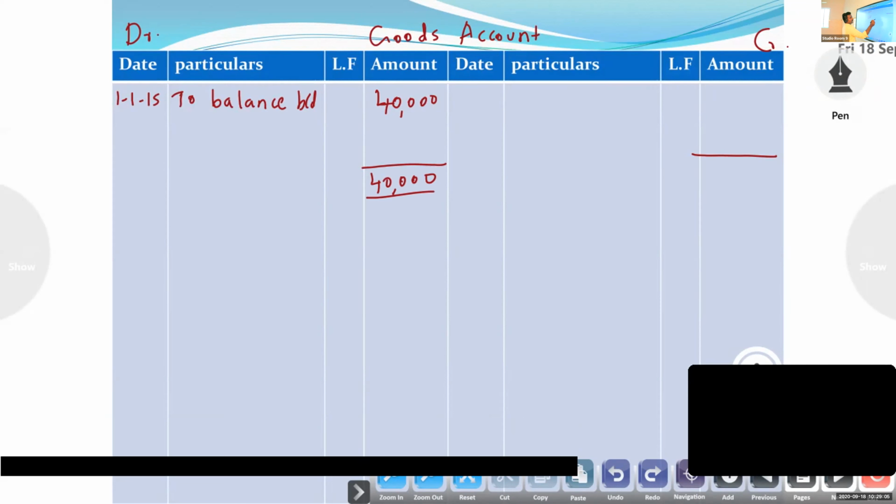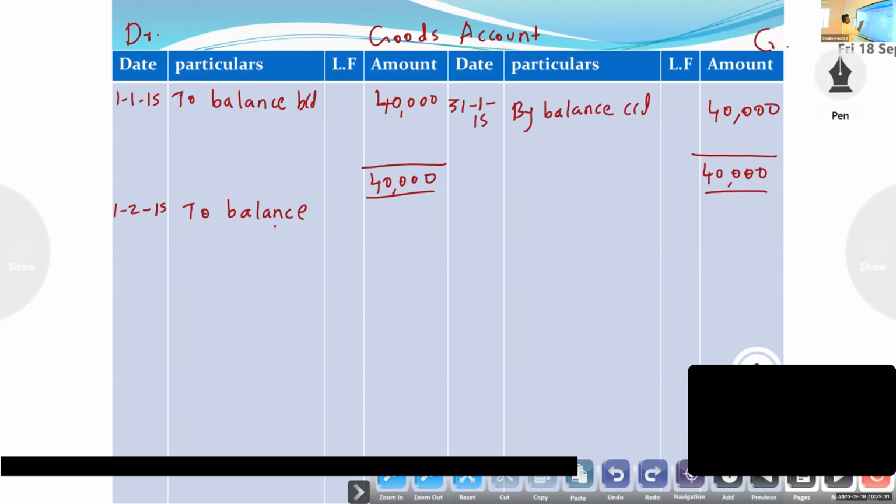Only one side has an amount, so that will be the total, and that amount will be the balance. By balance CD 40,000. Last month's closing balance will be next month's opening balance, to balance BD.